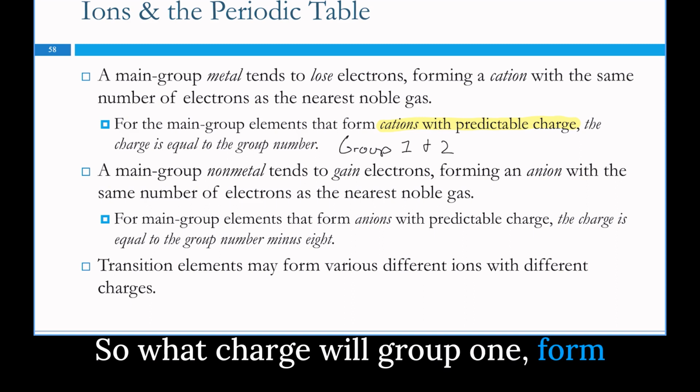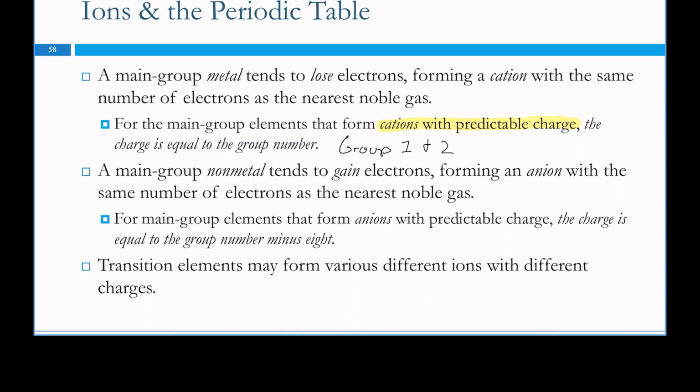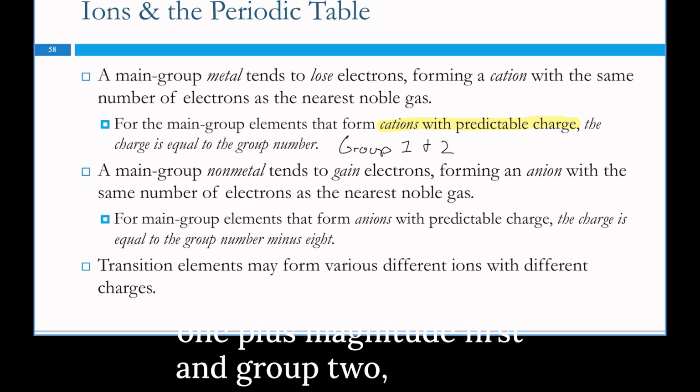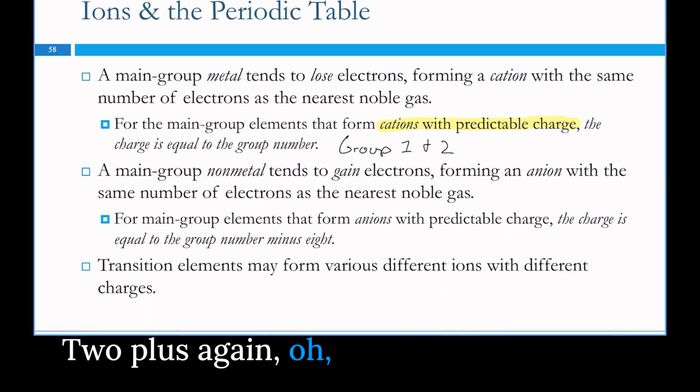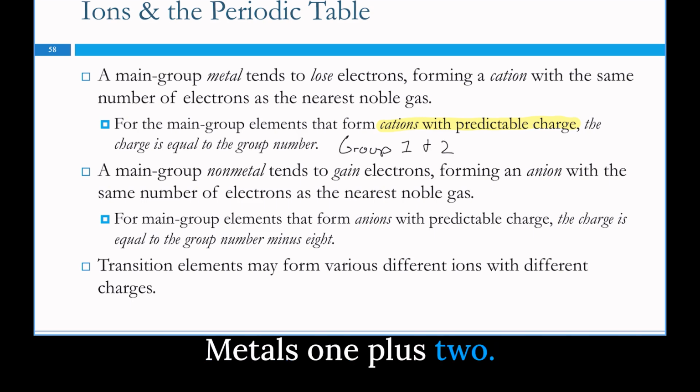So what charge will group 1 form? 1 plus. Magnitude first. And group 2? 2 plus. So group 1 will form 1 plus, group 2 forms 2 plus. On the periodic table, that's the alkali metals and the alkaline earth metals. 1 plus, 2 plus.